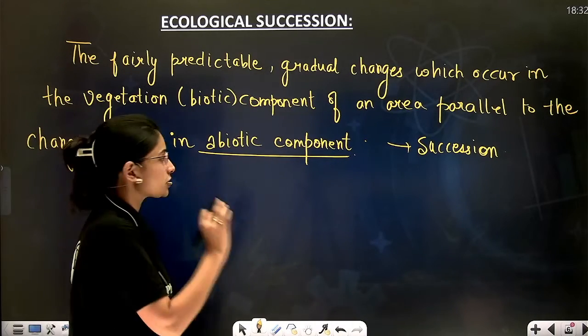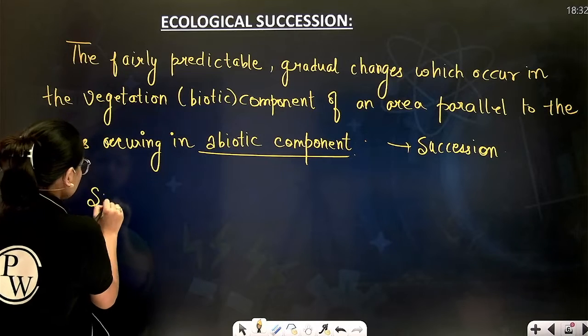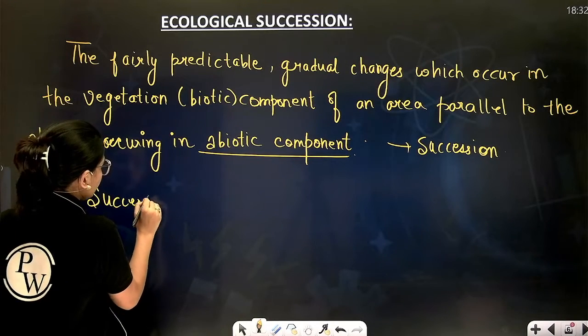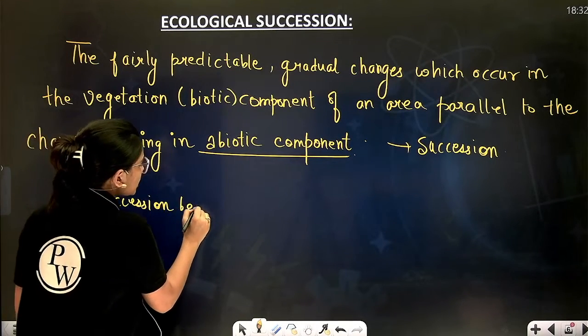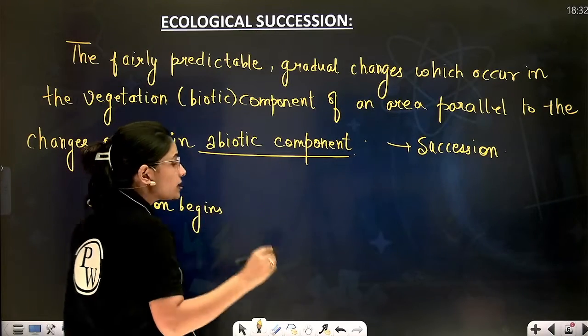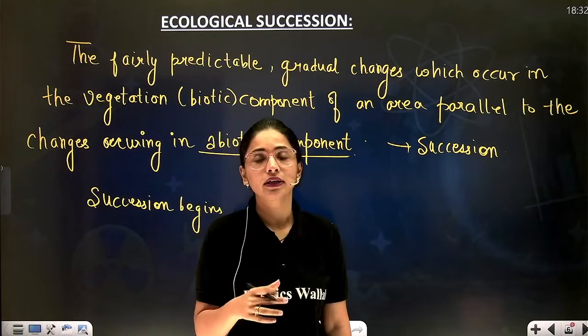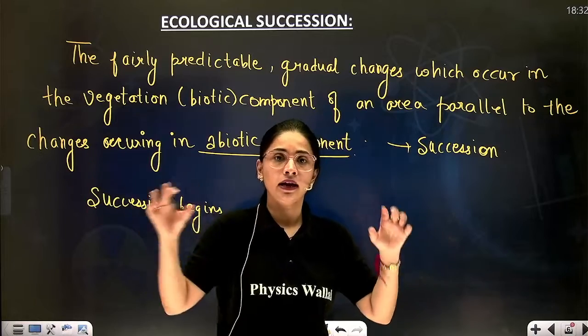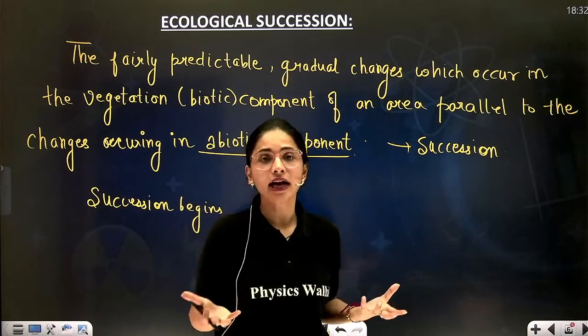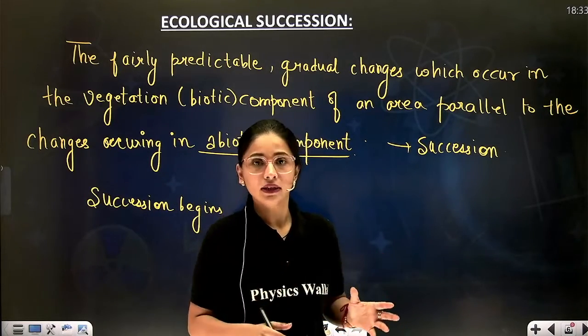Now, succession has to begin. Beta, succession begins from pioneer community. We will start from zero, and when the conditions are highly unfavorable, then trees cannot come, right?